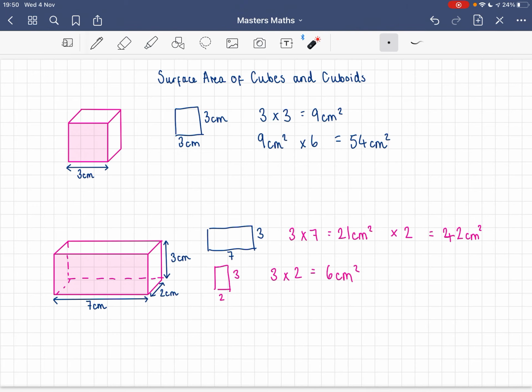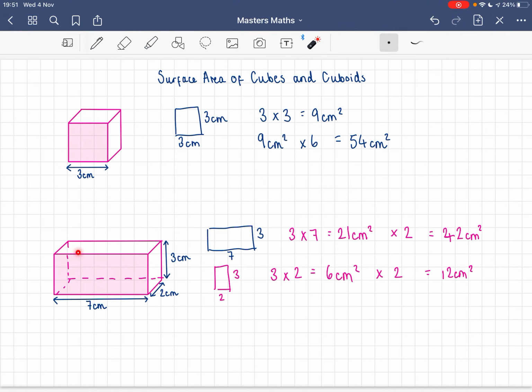So the left and the right hand sides of the cuboid are exactly the same shape, meaning they will have exactly the same area. We multiply that by 2 because there are 2 rectangles that are the same shape. So that means we've got 12 centimetres squared between the two sides of the cuboid.